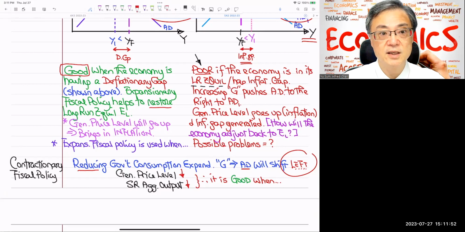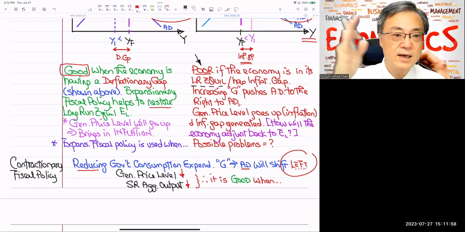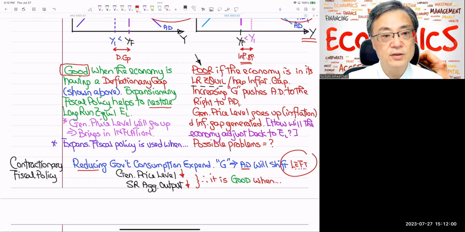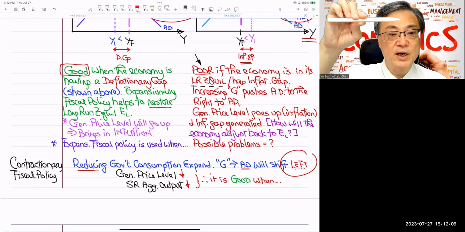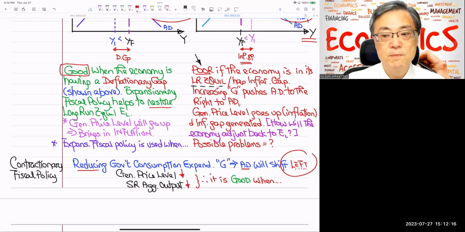There's excess demand for everything, and you shift the AD back a little bit to the left to attain the original long-run equilibrium level. So the price level will go back to its normal rate, and your aggregate output, your real output, will go back to YF.